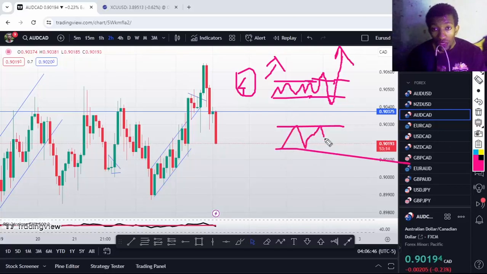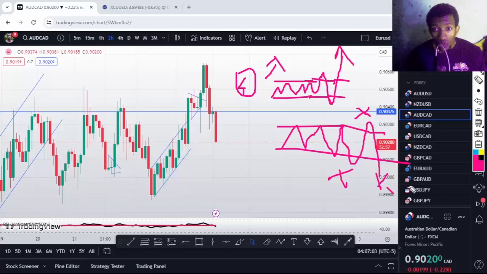First it is consolidating, it breaks to the downside and goes to the upside again, and after that it melts to the real direction. It broke in this way and it broke in this way, and the real direction was this way. So these are called double fake outs.